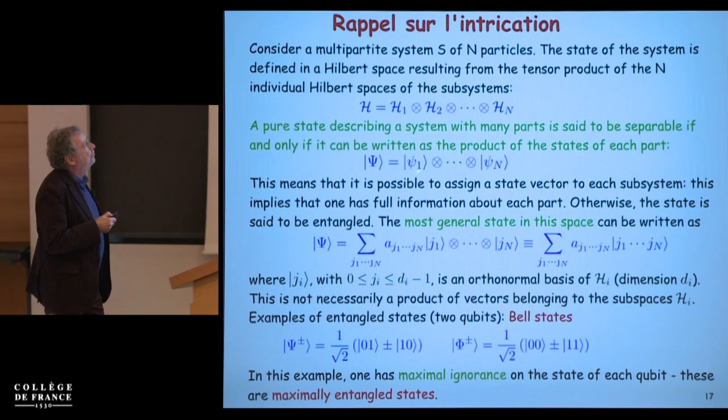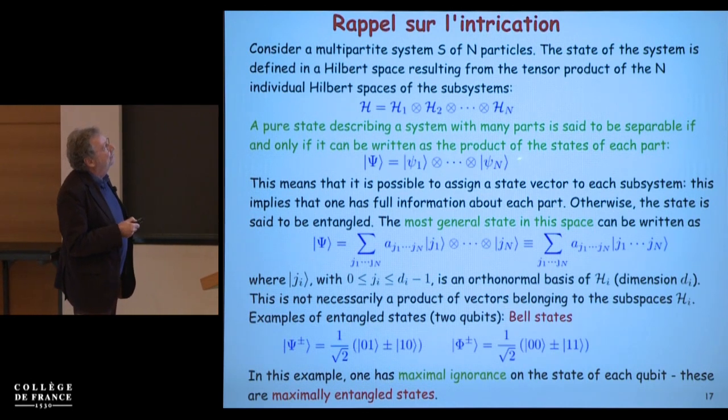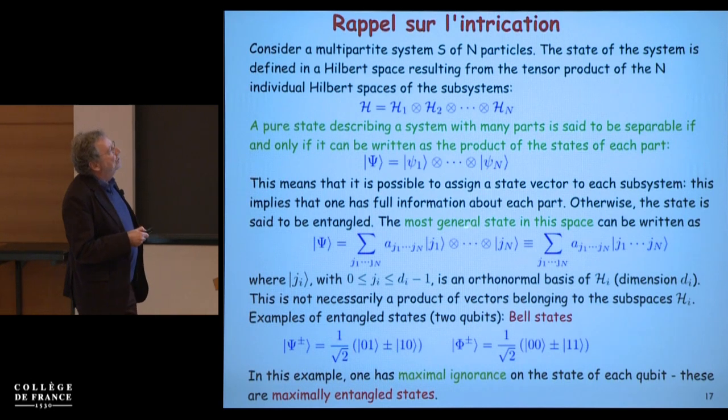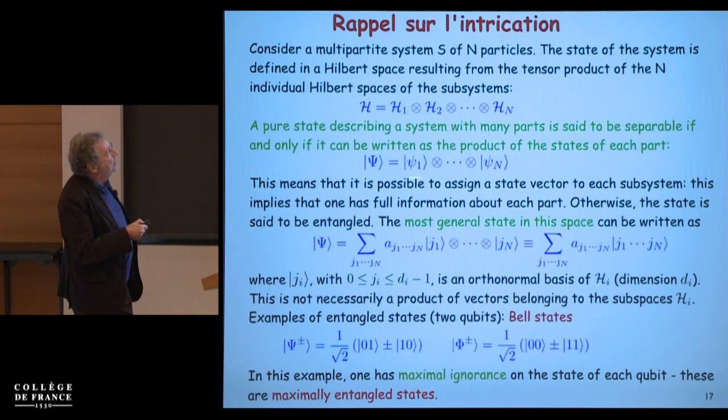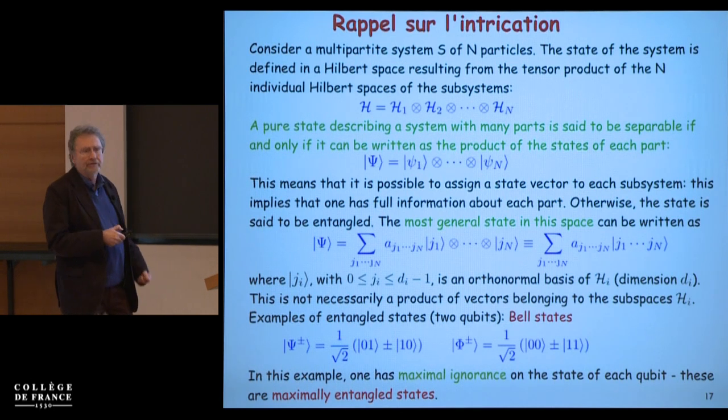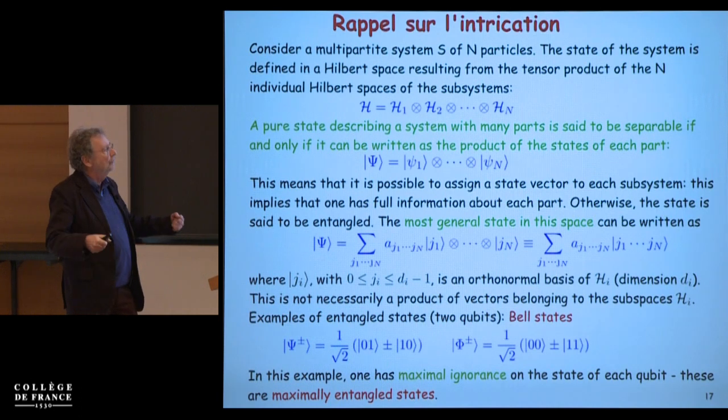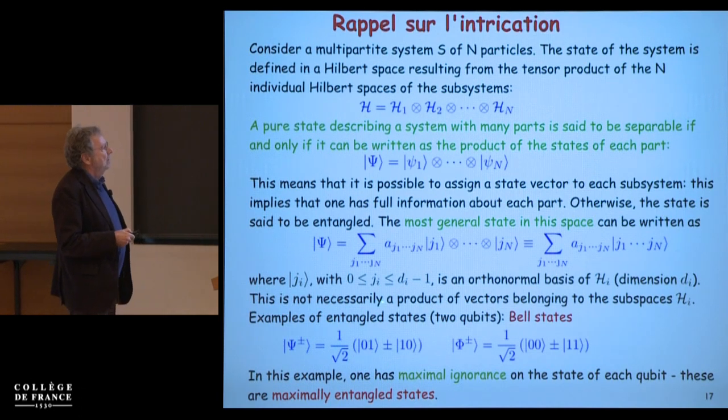This means that it's possible to assign a state to each subsystem. The most general state in this space is a combination of these product states, and in general it is not a product. It cannot be written as the product of states of each part.